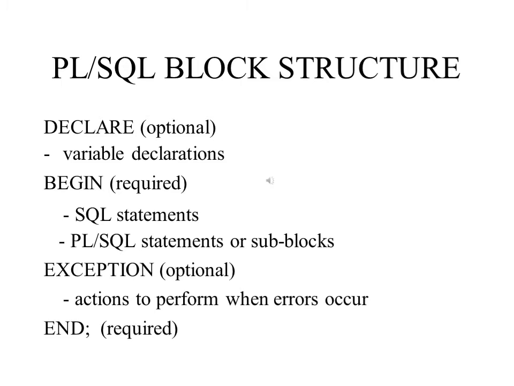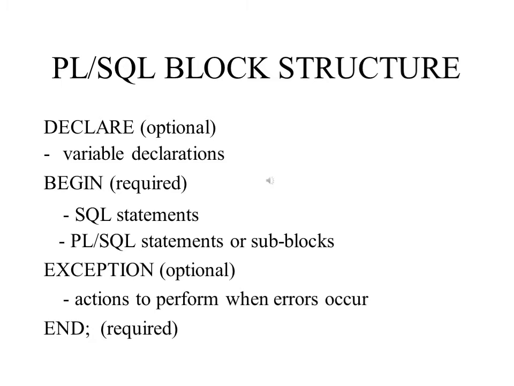The first is the declaration section. A PLSQL block has a declaration section where you declare the variables, allocate memory for cursors, and define data types. Then second is the executable section. The PLSQL block has an executable section.